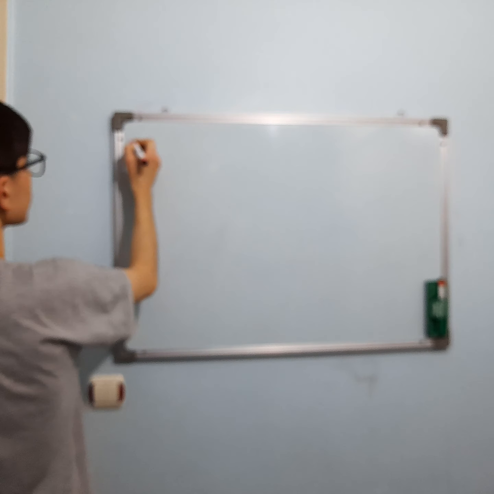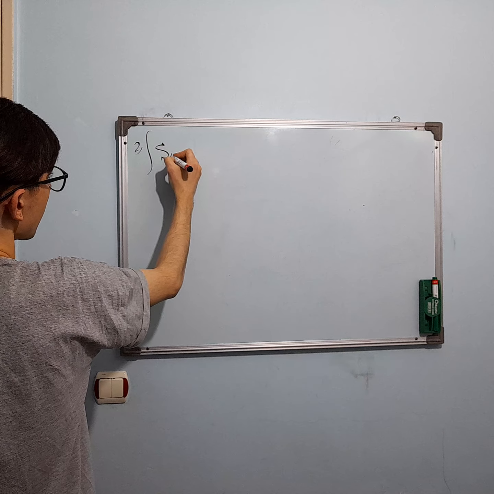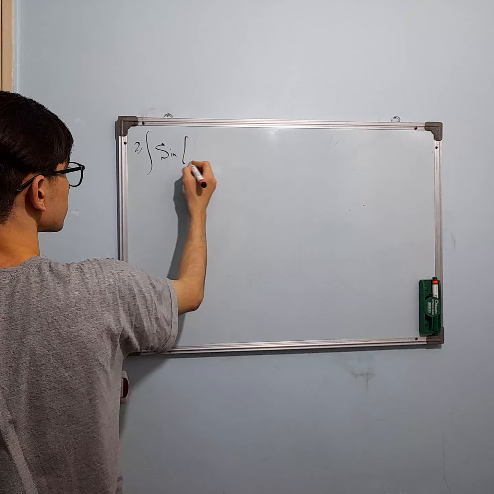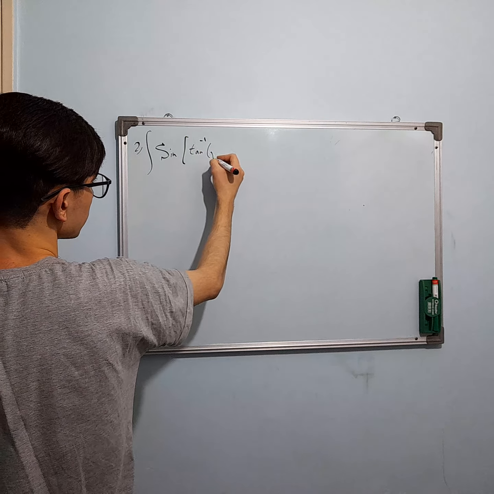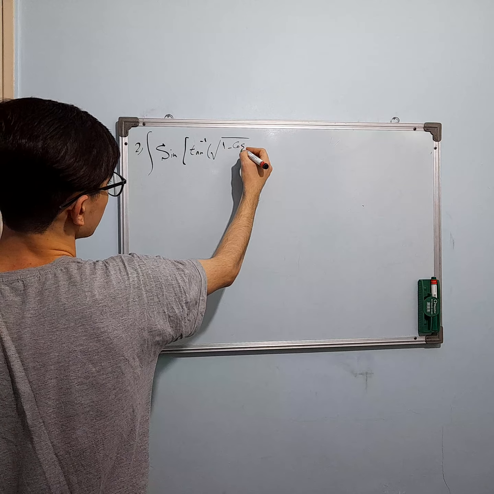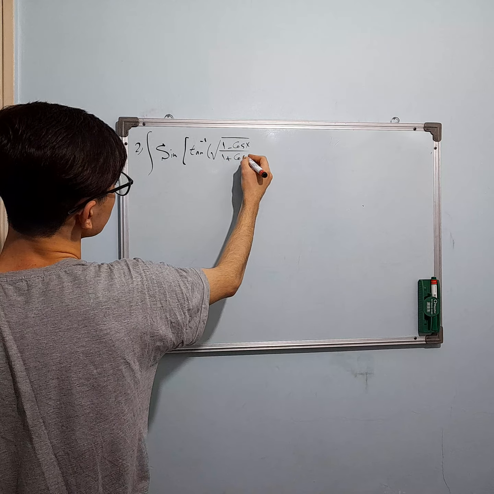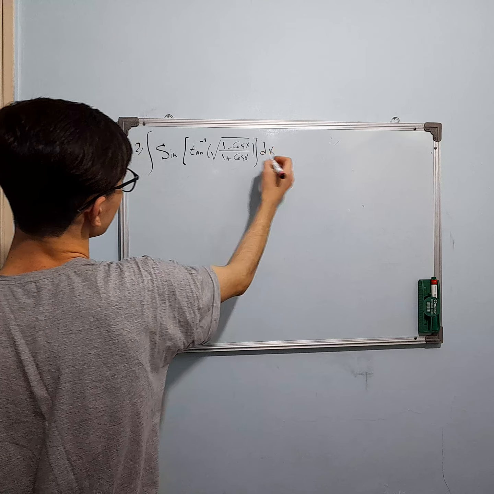The next integral is the integral of sine squared of inverse tangent of the square root of (1 minus cosine x) over (1 plus cosine x) dx.